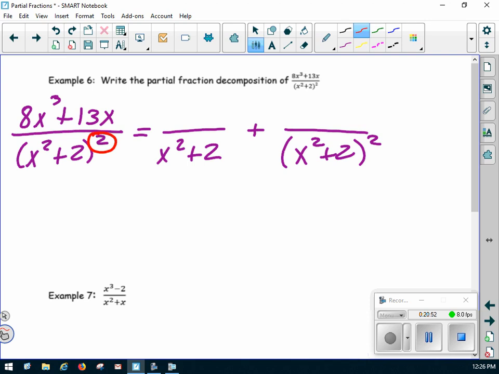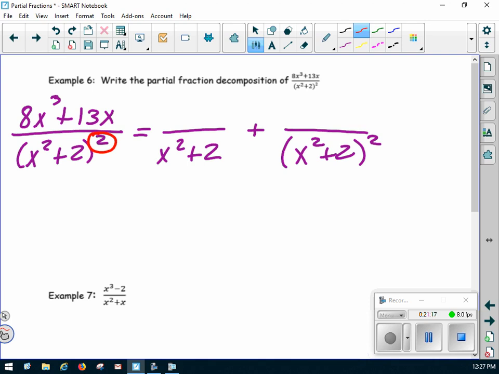You'd have to go to a college professor, like a PhD, who would obviously know more than I would. So I don't know why this works. I just know it does. I just know that if I add these two fractions back together when I'm finished, I get that. And that's enough convincing for me. Okay.